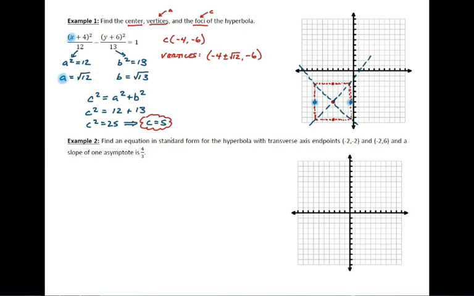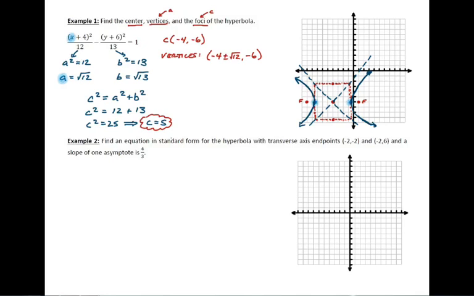And c is the distance from the center to the focus. And the foci will be in line with the vertices and the center. So then if I sketch them, go 5 units right, 5 units left, they're my foci. And the coordinates of them would be, -4 was my x value of the center, and then I'd go right 5 and left 5.